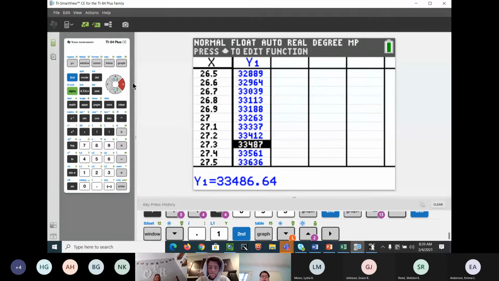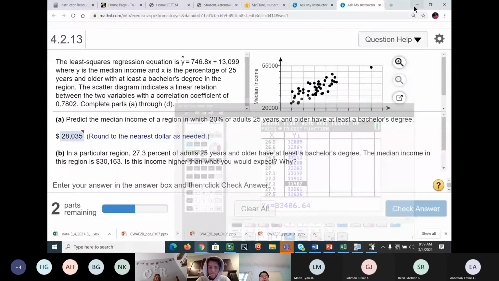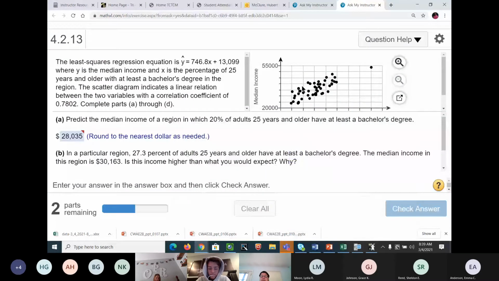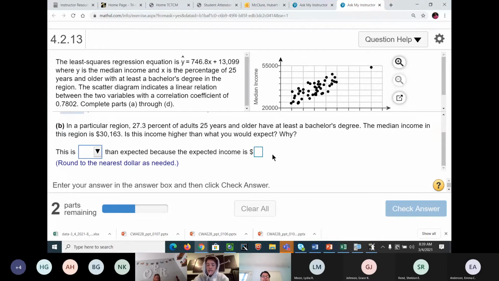So let's go back and see what they want to compare it to. In a particular region, the median income is 30,000. So one of those dots represent 30. Is this income higher than you would expect? Now to me, that's a trick question because I'm confused on what they're asking. Is the 33 higher or is the 30 higher? The 30 is lower.